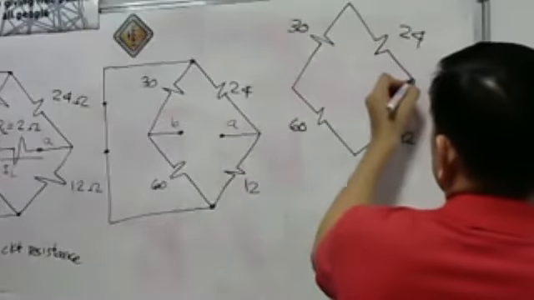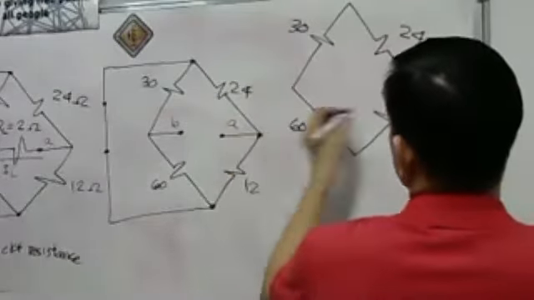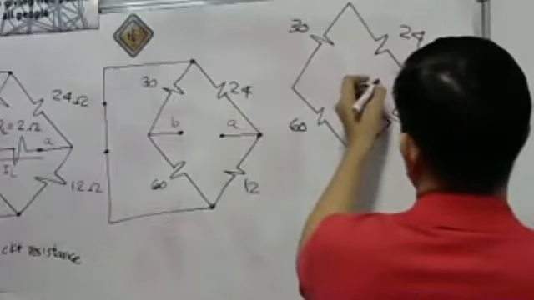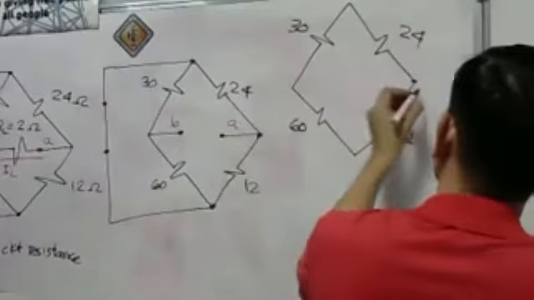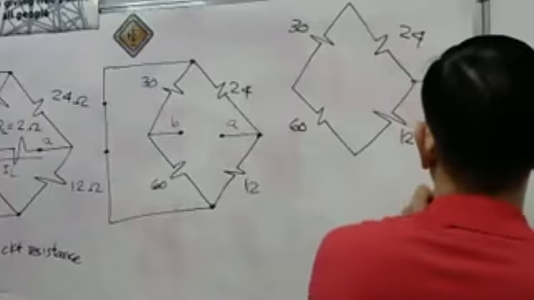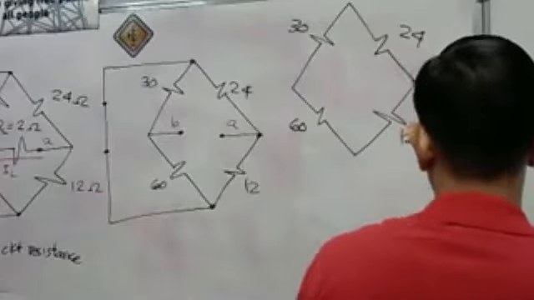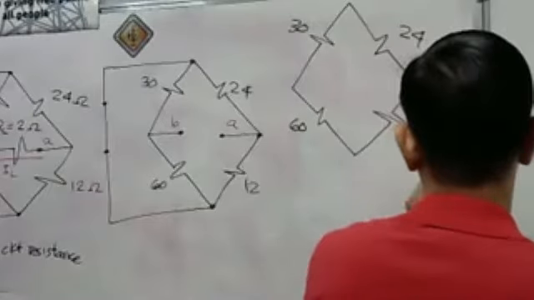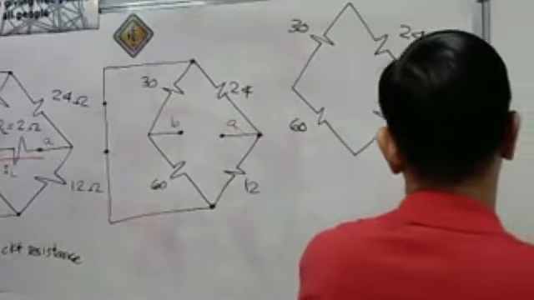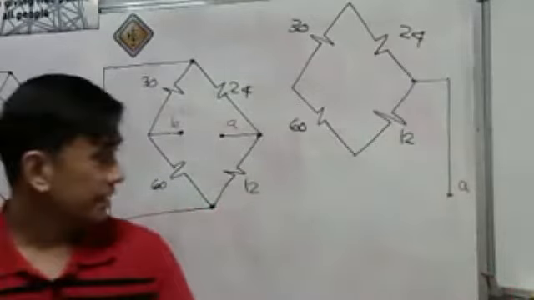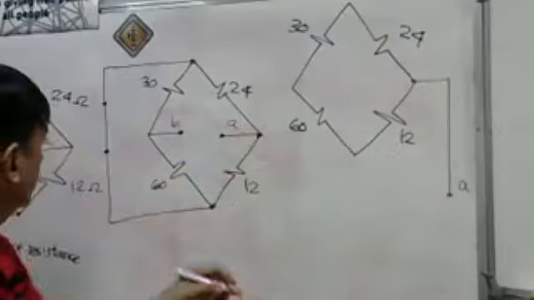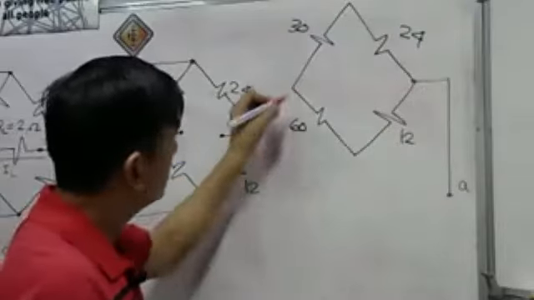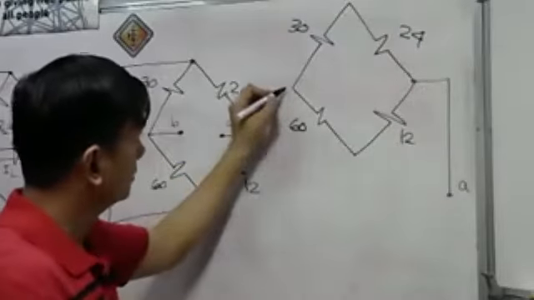And then, this point is this point. So, I will just stretch our conductor A here. This will be our conductor A, or point A. I already stretched A here. And also for point B, I will stretch this conductor.